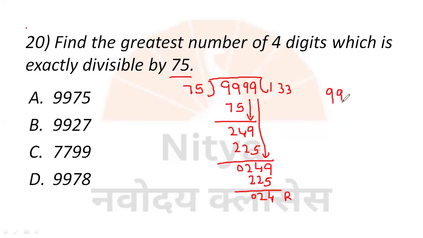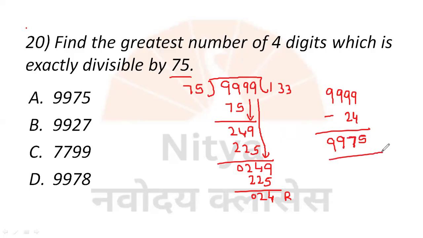So 9999 minus 24. You have to subtract the remainder from the dividend. Okay, 9999 minus 24 is: 9 minus 4 is 5, 9 minus 2 is 7, and 9. So 9975 is exactly divisible by 75.